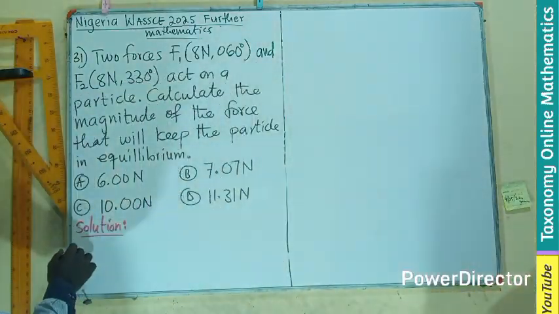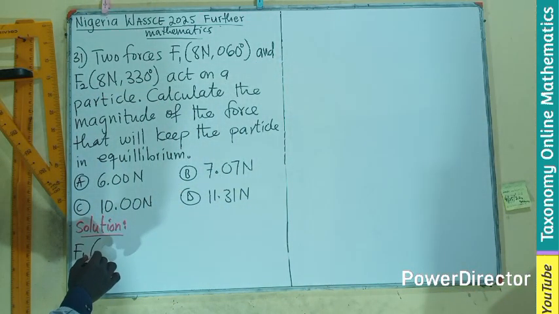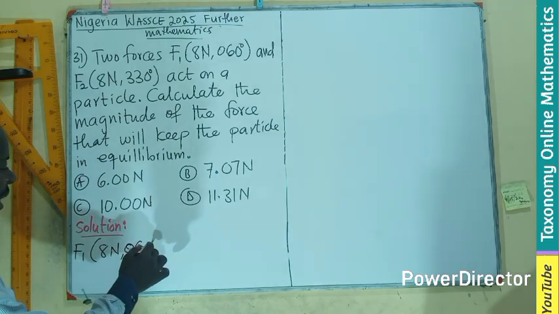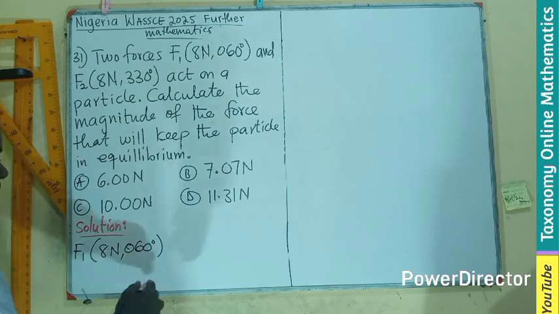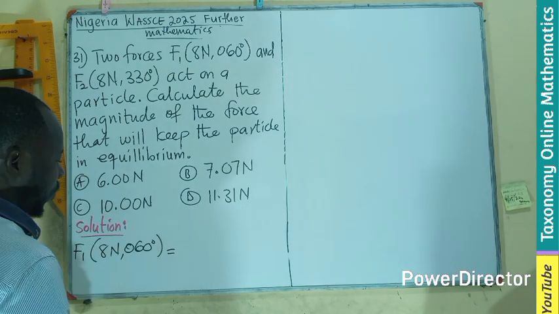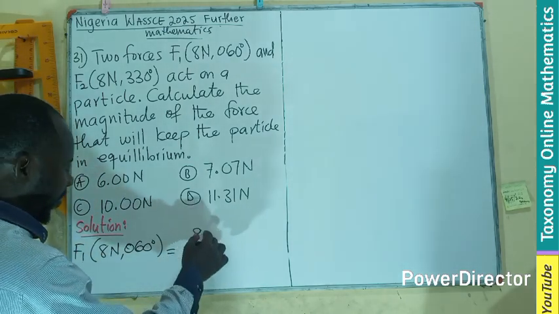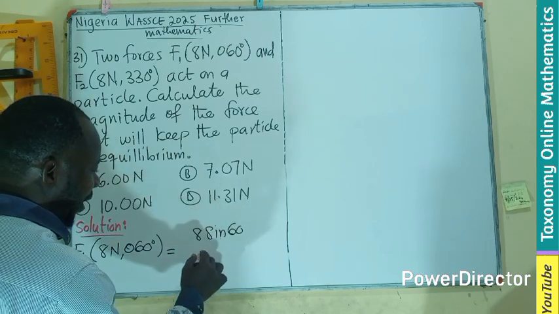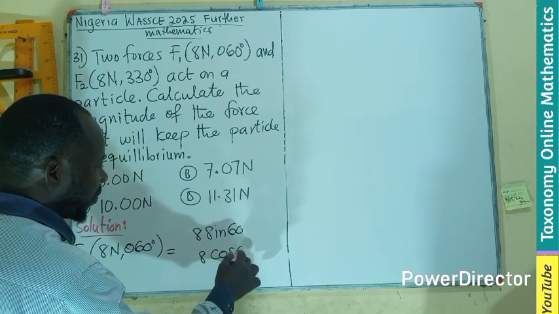So if I have force 1, which has the magnitude of 8 and the direction of 60, this can be resolved to become 8 sine of the given angle, and 8 cos of the given angle.